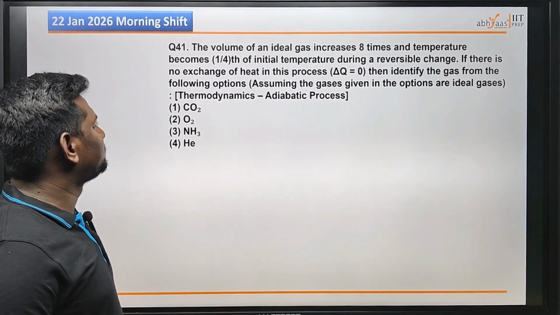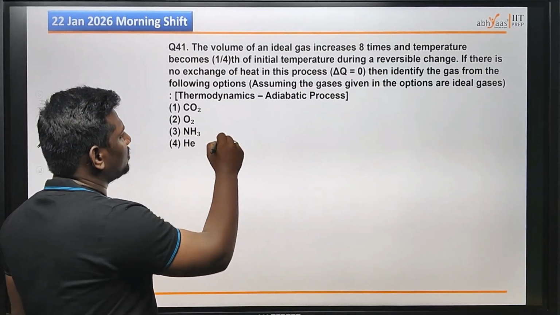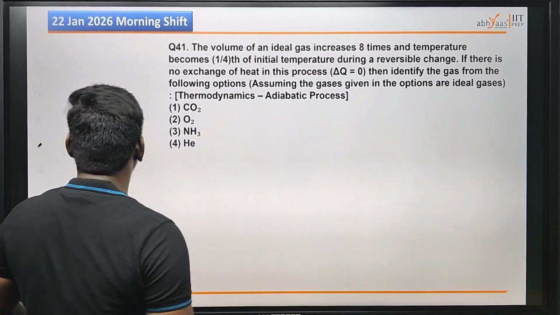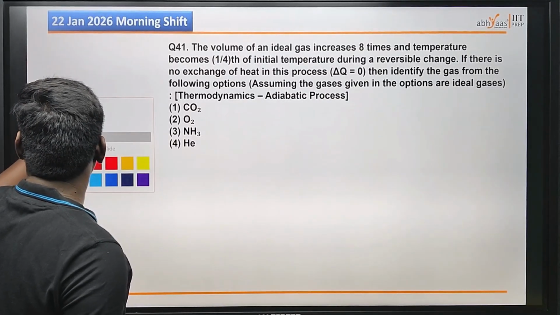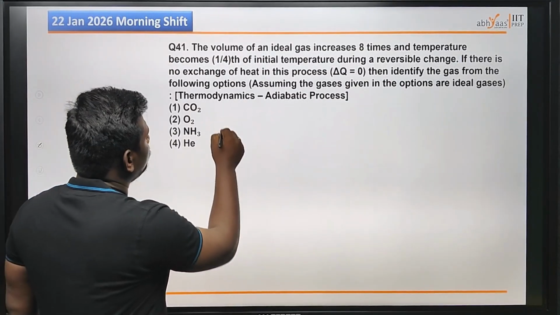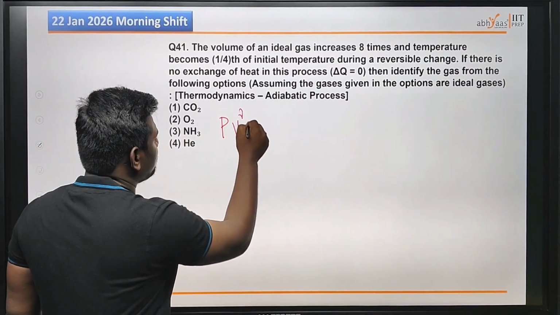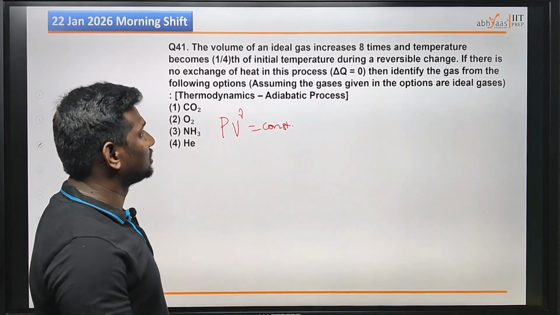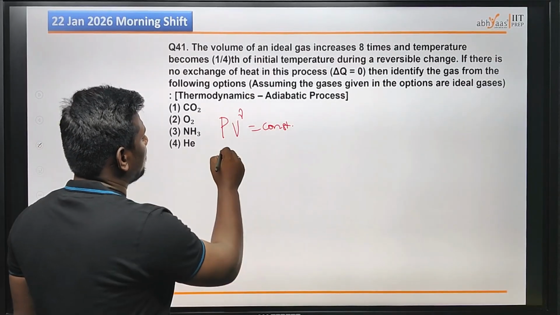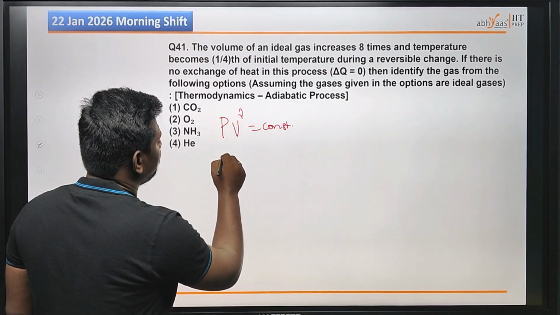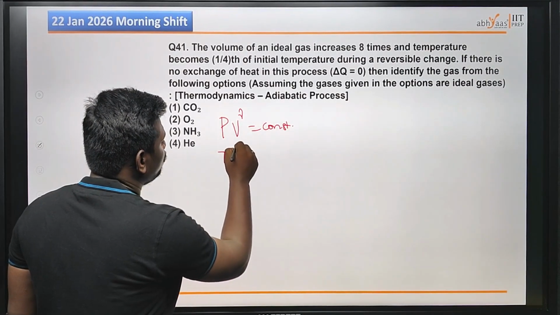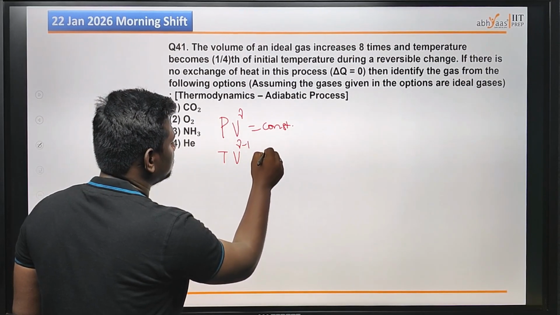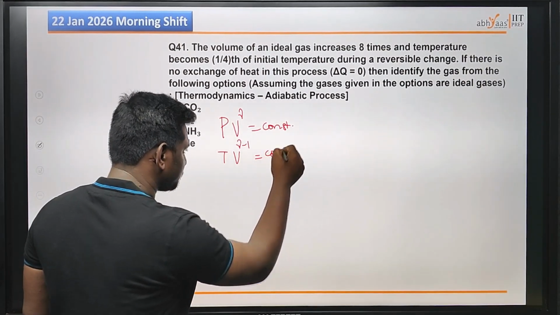How to find this one? So we know the equation PV to the power gamma equal to constant, and also TV to the power gamma minus 1 is also constant.